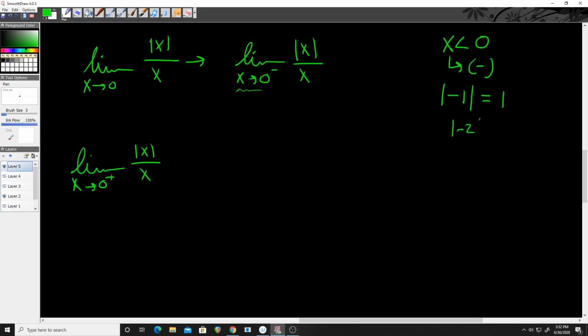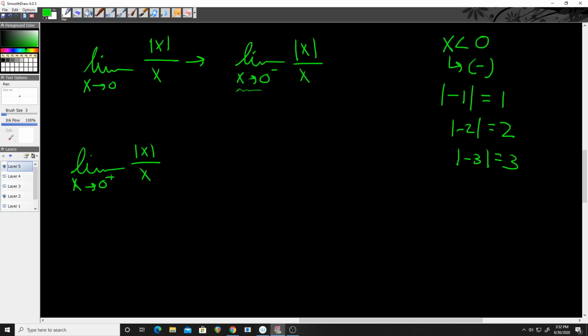Absolute value of negative 2 is 2. Absolute value of negative 3 is 3. What do I multiply negative 1 by to turn it into a 1? Negative 1. What do I multiply negative 2 by to turn it into a 2? Negative 1. Negative 2 times negative 1 is positive 2. What do I multiply negative 3 by to get positive 3? Once again, negative 1.